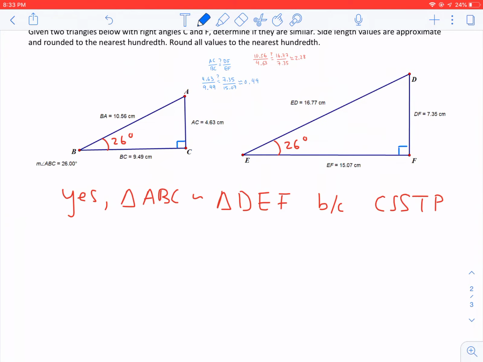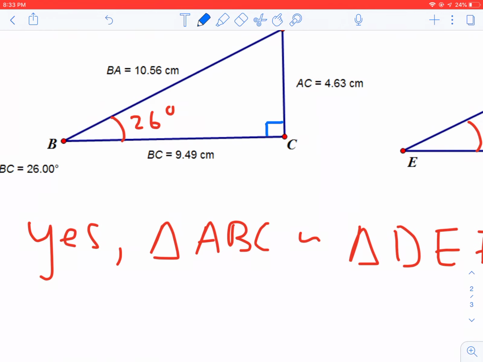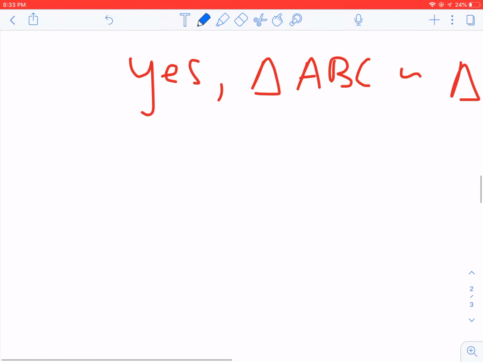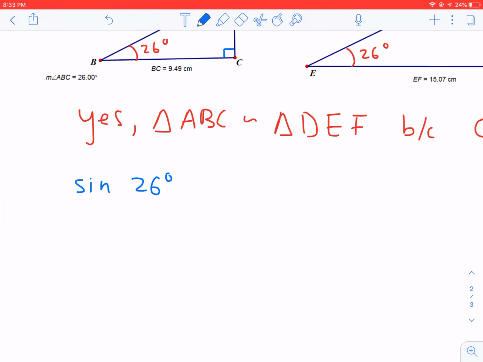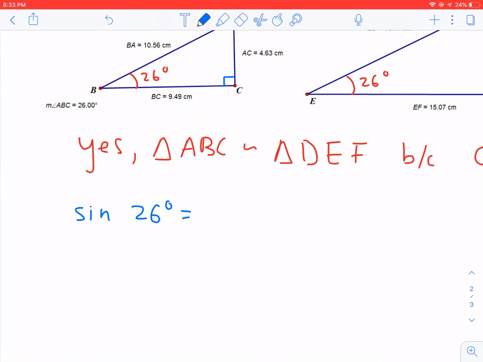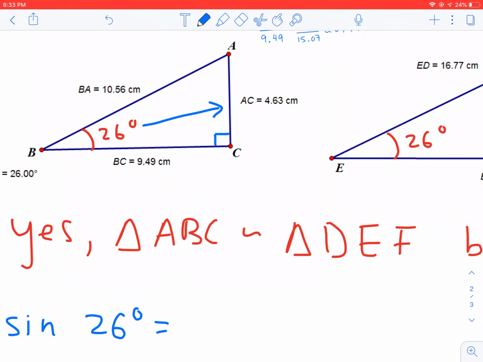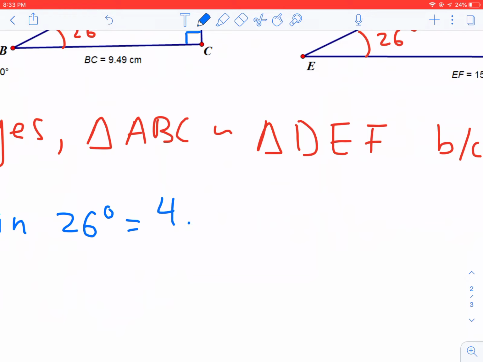So from this, we can say something like, if that's 26 degrees, then can't I say that the sine of 26 degrees, well, remember, the sine of an angle is equal to opposite over hypotenuse. So looking at 26 degrees, the opposite side is 4.63.